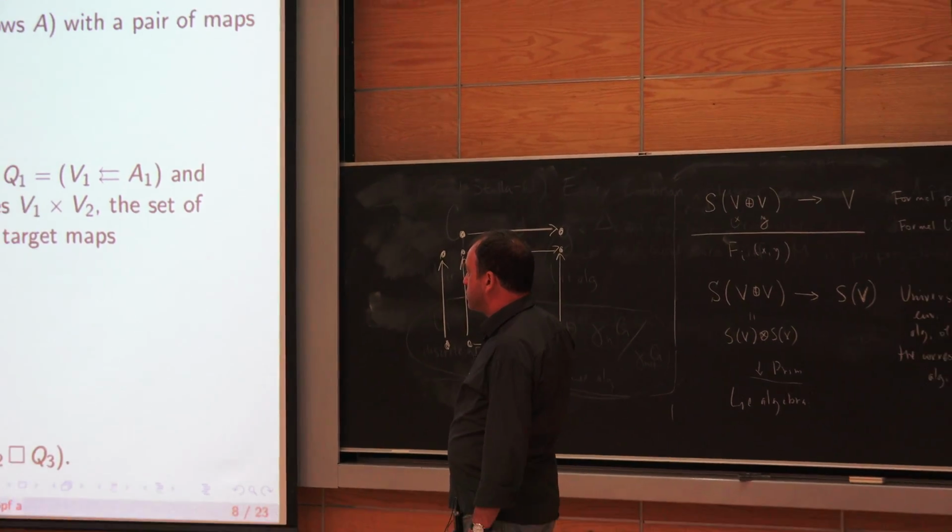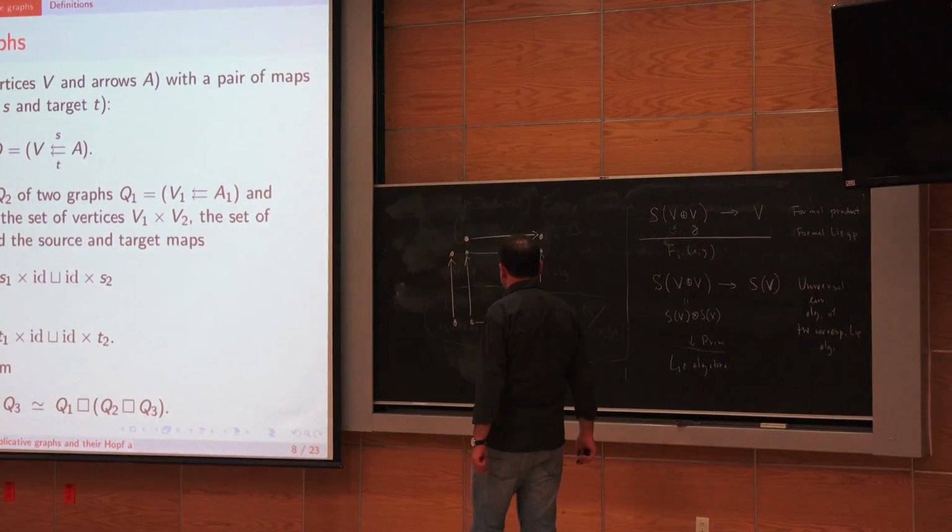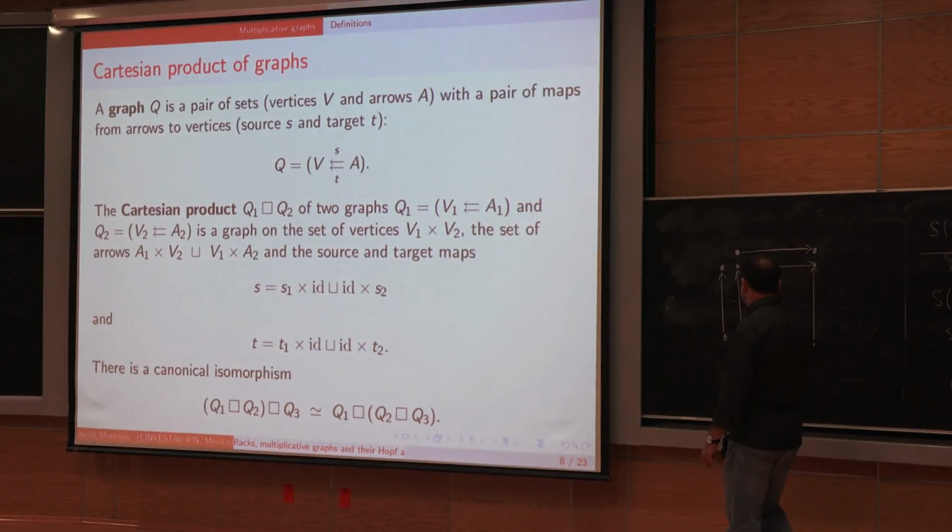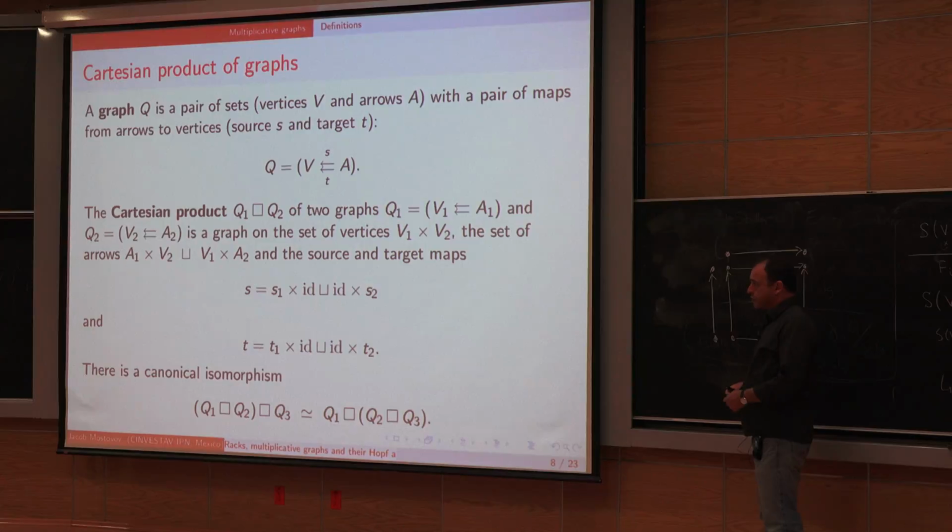Another way, probably a more understandable way, is if you think of graphs as some sort of cubical complexes. You take a product of these two cubical complexes and just erase the cells of degree 2. So it's the usual Cartesian product, and then we just forget about the degree 2.